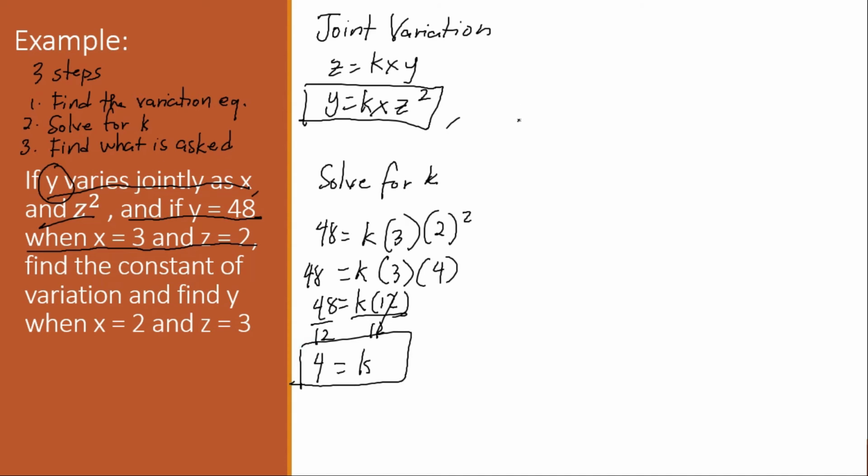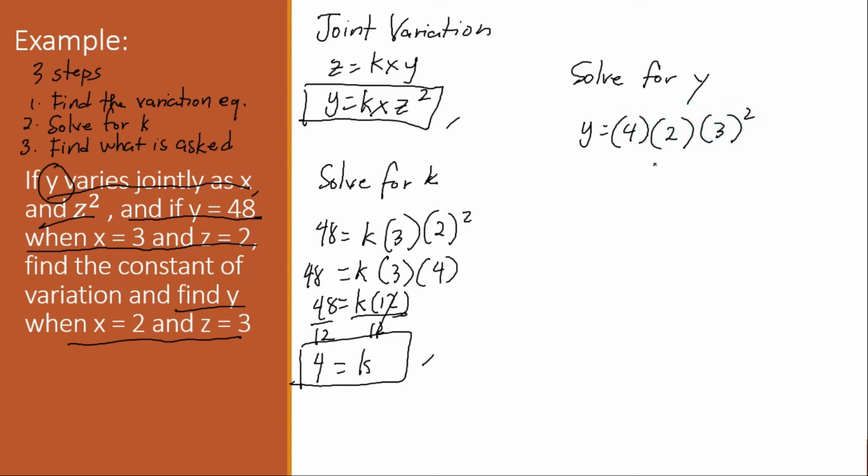So, since meron na tayong k for our step 2, pwede na natin kunin yung hinahanap sa problem, which is y. Solve for y. Kaya naman, from this equation, we have y equals yung k natin, which is 4. Tapos, x is 2. And yung z natin is 3 squared.